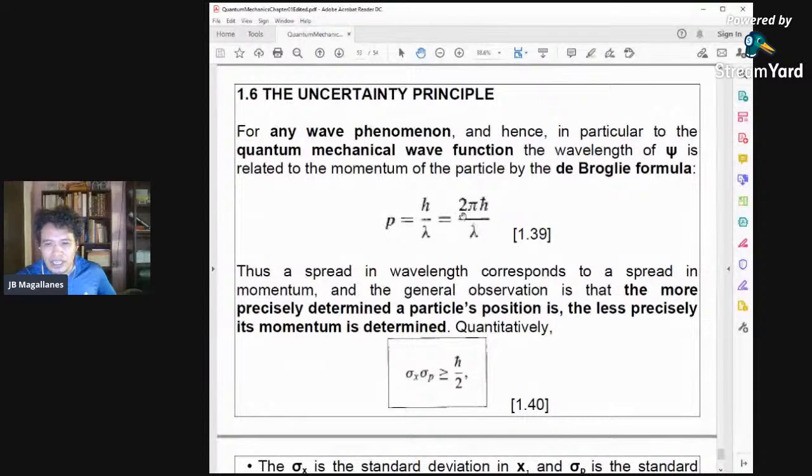The 2 pi here is a constant, and h bar is the reduced Planck's constant, and lambda is the wavelength of the wave, or the wave function.